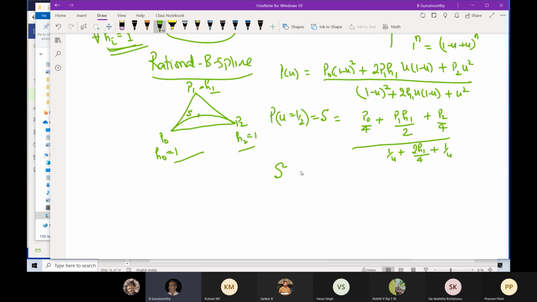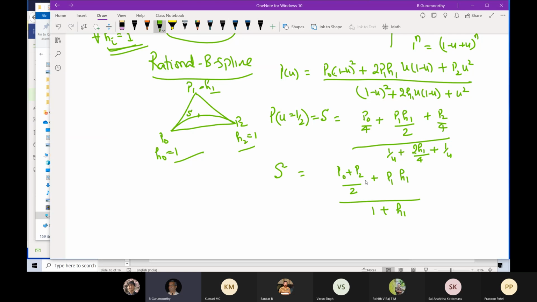So S equals (P0 plus P2) by 2 plus P1 h1 by (1 plus h1). Right? Because I get half plus h1 by 2, so the 2 goes up. I get a half here and 2 here, and this cancels out, and therefore that's what I get.